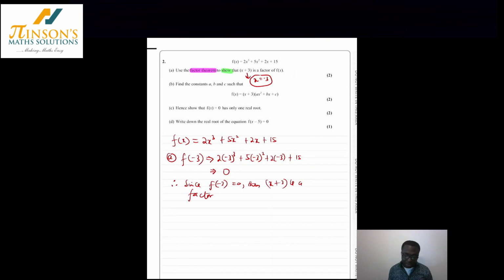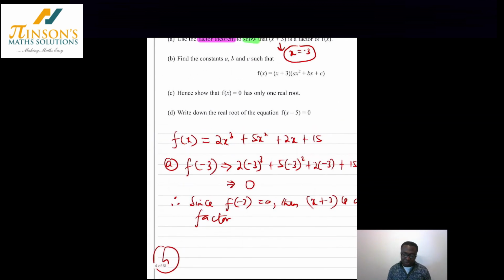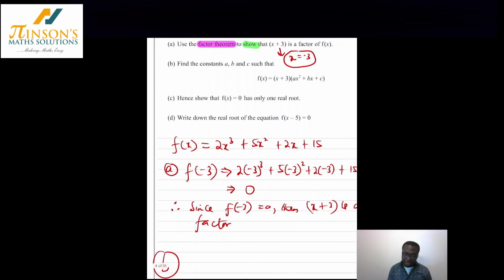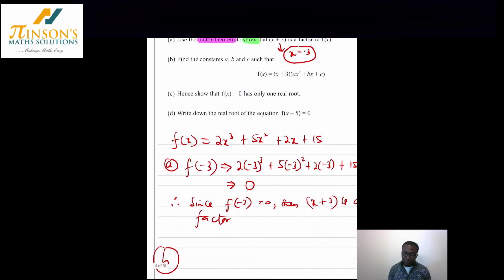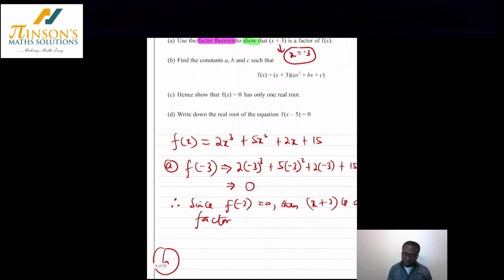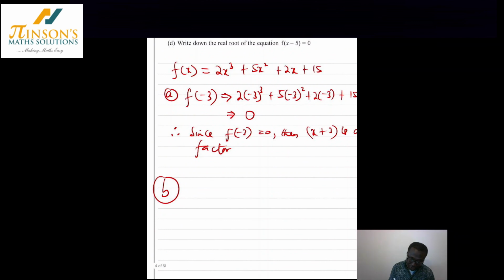And the next part says B, so it's good habit to label questions. Okay, it says find the constants a, b, and c such that f of x is equal to 2x cubed plus 5x squared plus 2x plus 15, and then the same f of x has been given differently. So let's try and set the two equal to each other.